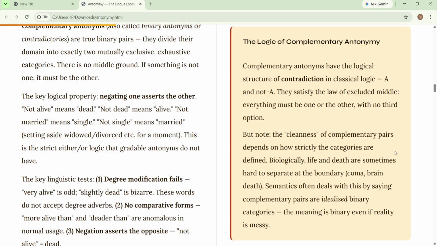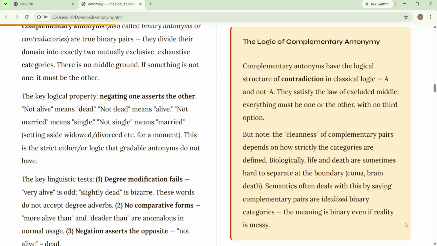So the cleanliness of complementary pairs depends on how strictly the categories are defined. Biological life and death are sometimes hard to separate at the boundary, like coma or brain death. Semantics often deals with this by saying complementary pairs are idealized binary categories.